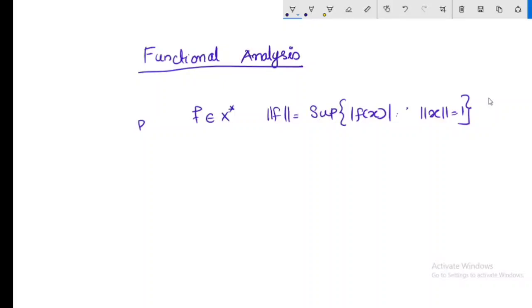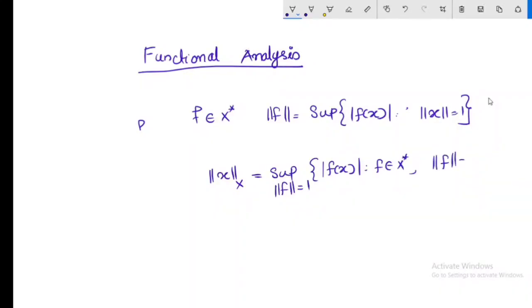Now we are going to prove the result: let x be in X, then norm of x is equal to the supremum of modulus of f of x such that f belongs to X star with the norm of f equal to 1. This is what we are going to prove.